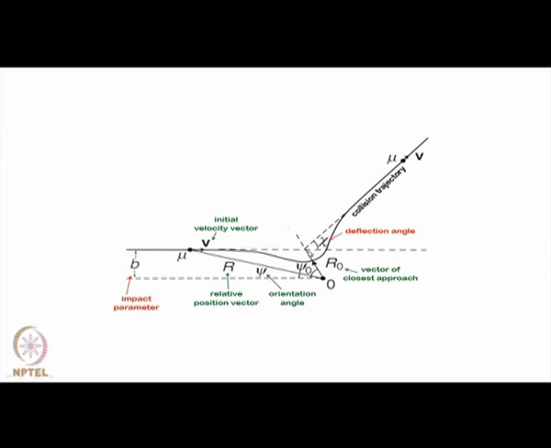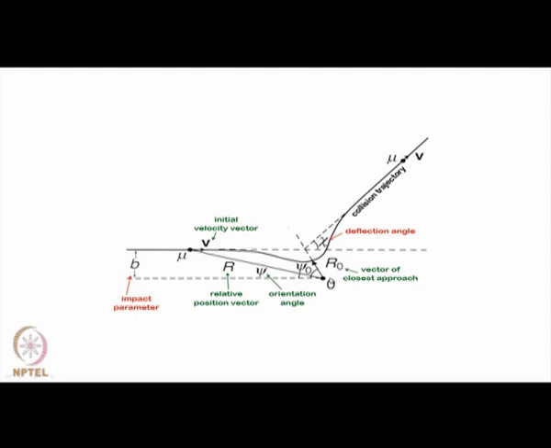The trajectory is identical to that traced by a particle of mass mu, the reduced mass, deflected by a potential V(r) placed at the origin.